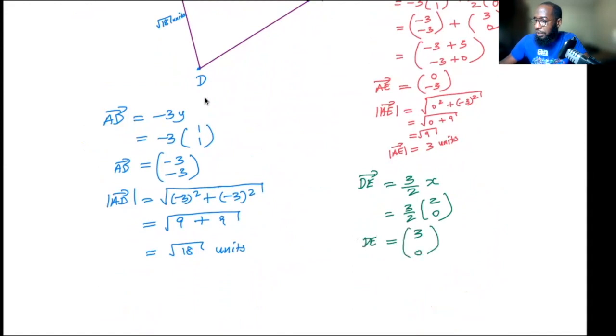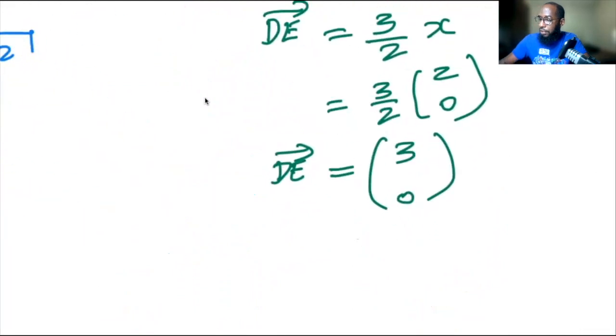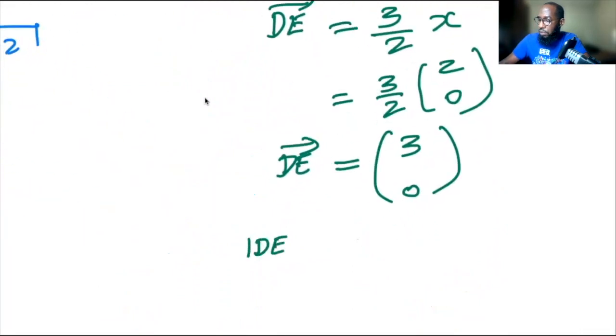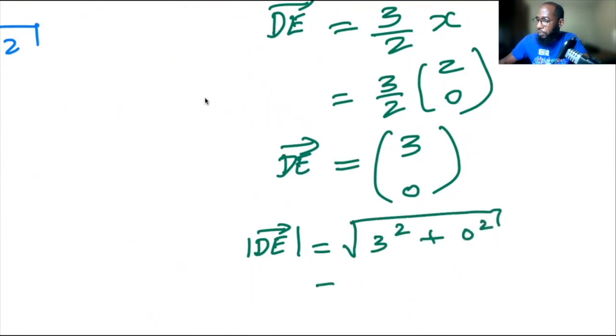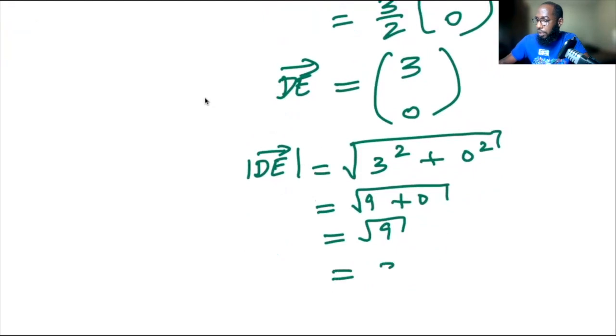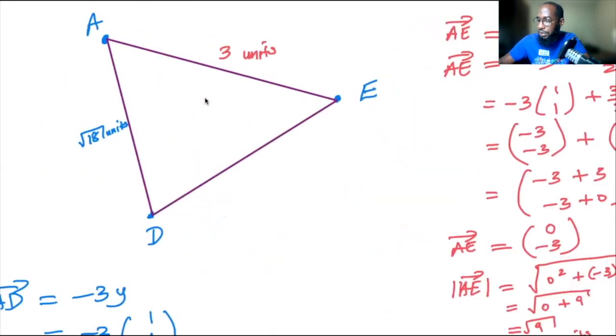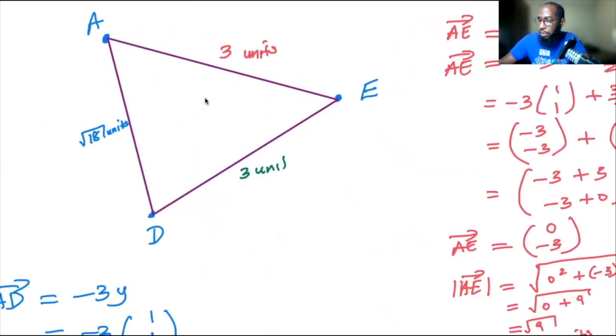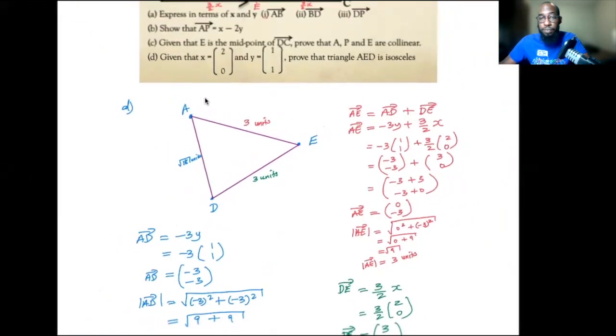So this is DE right here. Now the length of DE is equal to the square root of 3 squared plus 0 squared, 9 plus 0, which is the square root of 9, which is 3 units. So here is 3 units, here is 3 units.